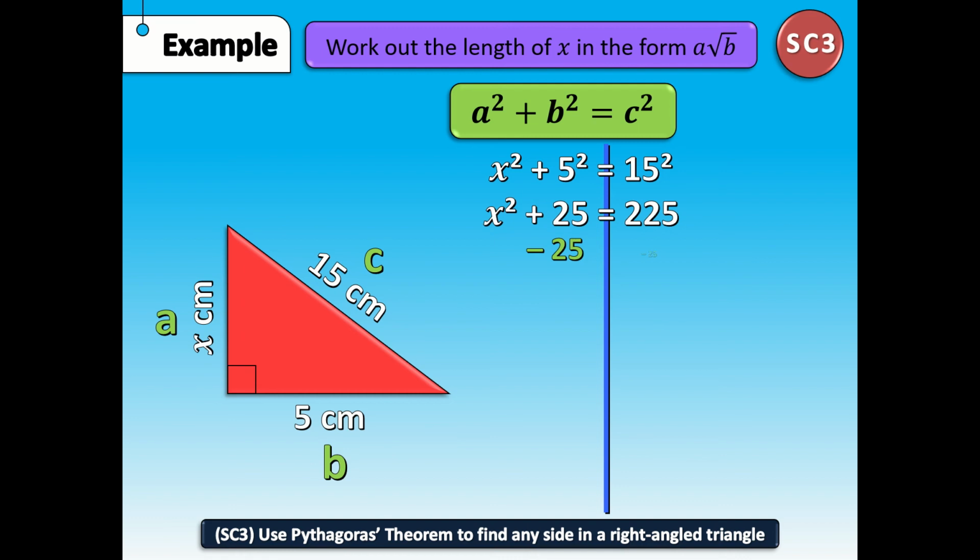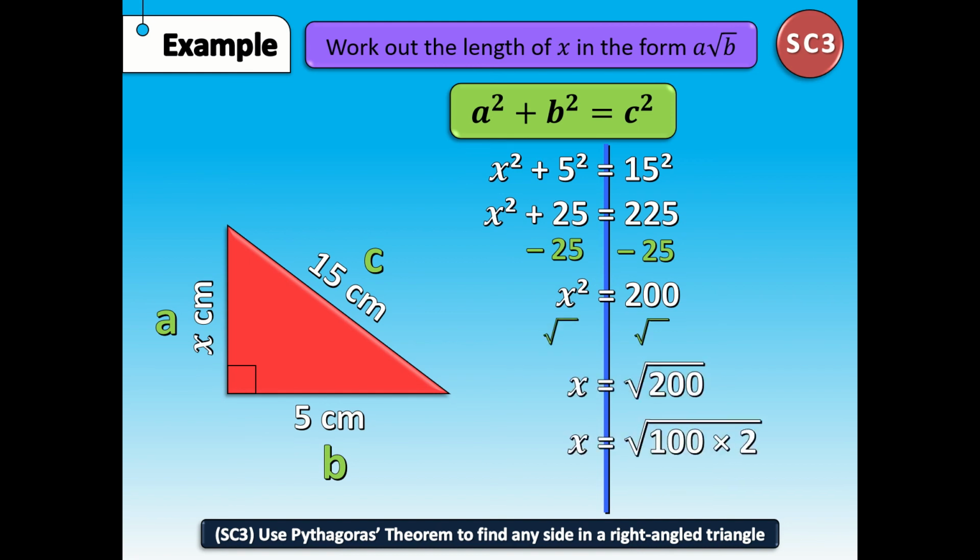So we need to take away 25. So x squared is 200, and then we need to do the square root of 200, which we can write as the square root of 100 times 2, and the square root of 100 is 10, but we can't do the square root of 2, so we leave it as 10 root 2.